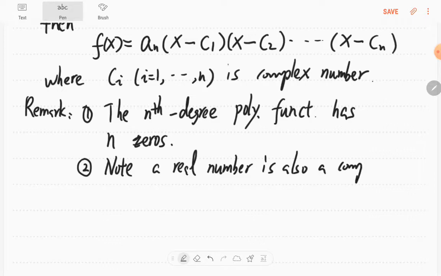That means a real zero is also a complex zero.